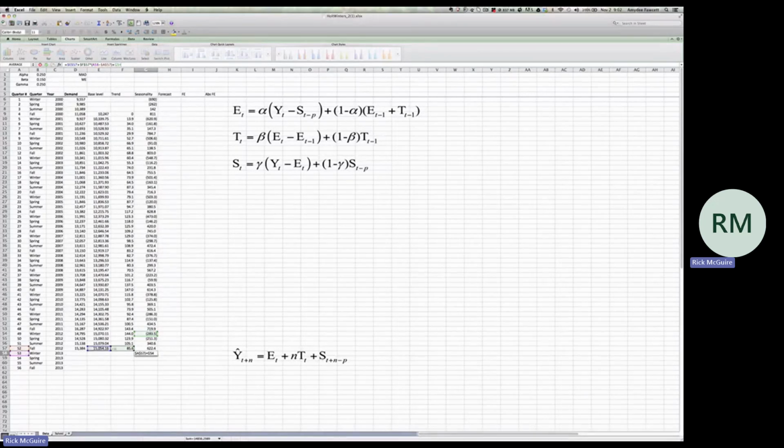And finally, I will add the most recent relevant seasonal factor estimate. And if I'm in winter of 2013, that will be the one from winter of 2012. So that gives me an out-of-sample forecast of 14,856 for winter 2013.